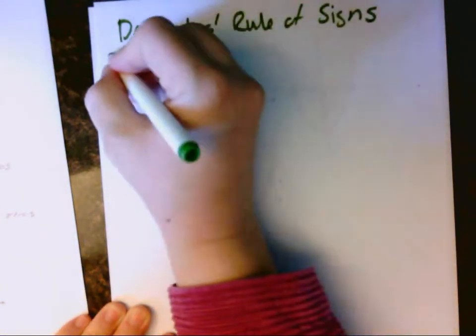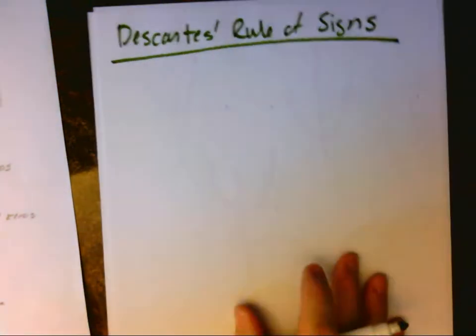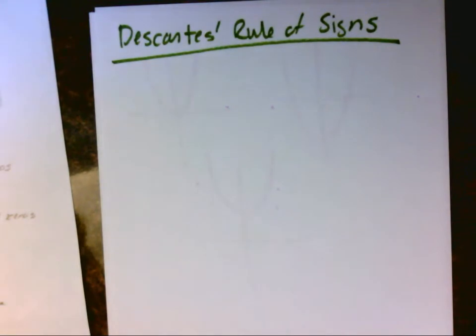Okay, I'm going to tell you how to fill in the blank, and then I'll explain it as we work a problem. Let f of x define a polynomial function with real coefficients and non-zero constant term with terms in descending powers of x. So I've got a regular old polynomial in descending order. Part A, the number of positive real zeros.